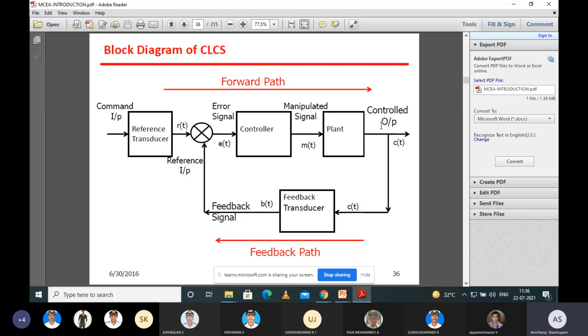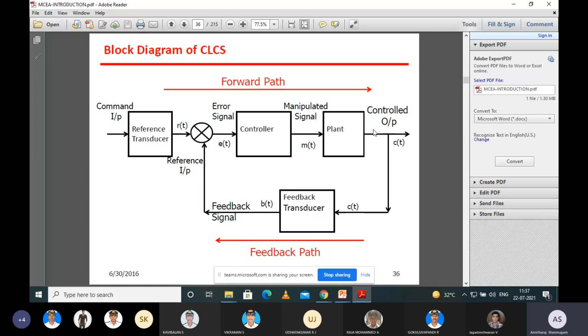We consider one machine which needs to run at 1200 RPM. Our ultimate aim is to run this plant at 1200 RPM for some other purpose.